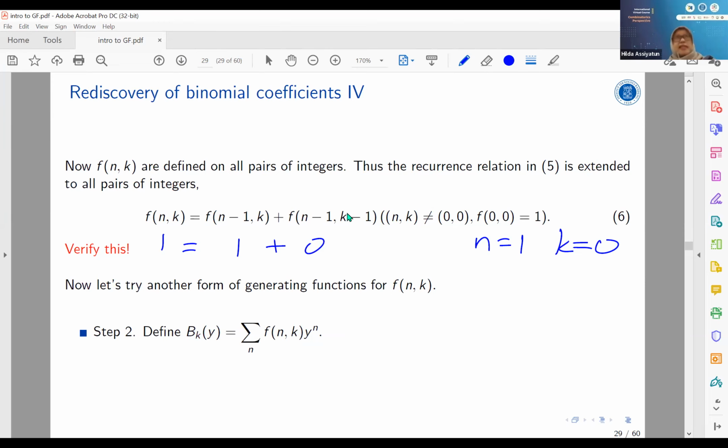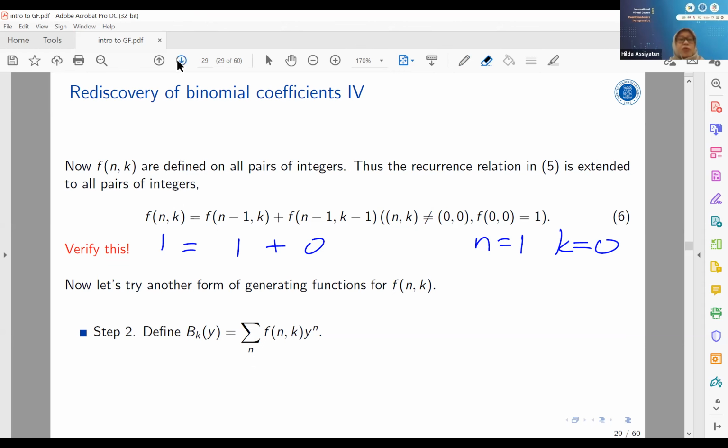Because of this extension, we don't have to worry about the range of n anymore. It will be more convenient for us. By extending the domain of the indices, we no longer need to worry about this. So we define this second generating function.